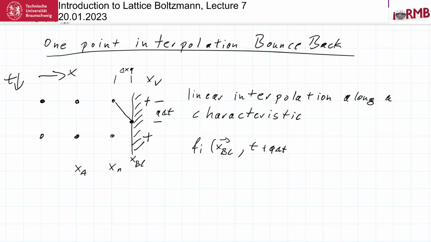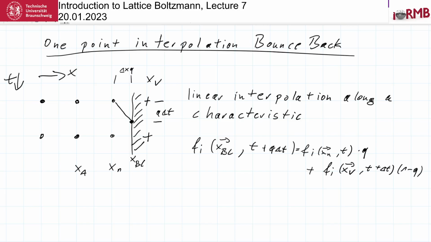So f_i at t plus q delta t is equal to f_i at x_n and t times q, plus f_i at the virtual node and t plus delta t, so this is the next time step, times 1 minus q.